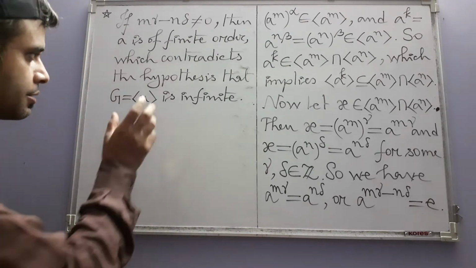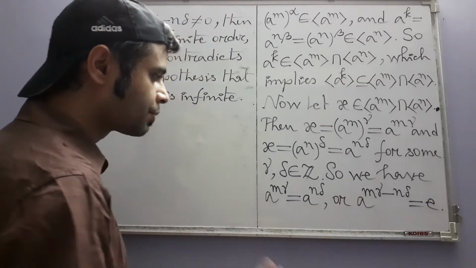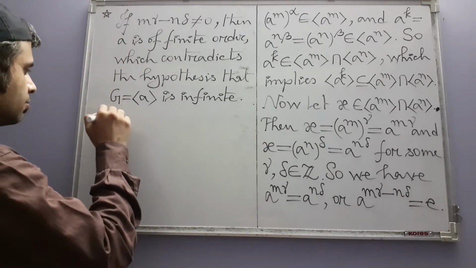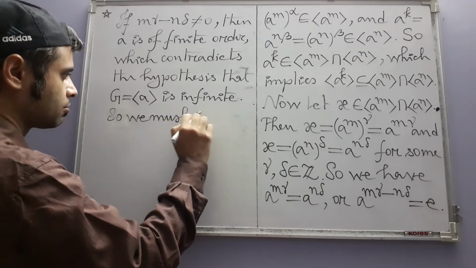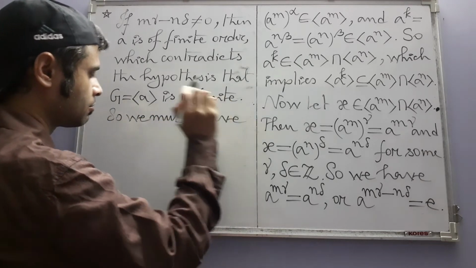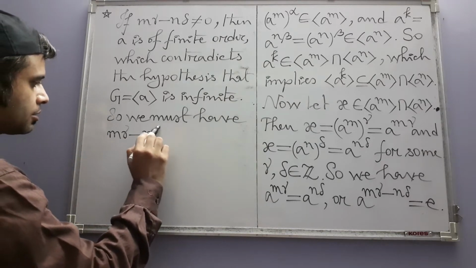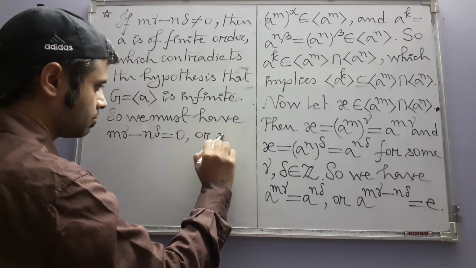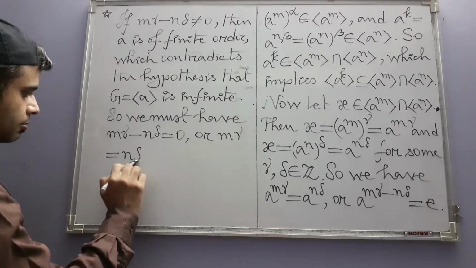So what does this contradiction tell us? It tells us that this cannot be non-zero, it has to be equal to 0. So we must have m gamma minus n delta equal to 0, or m gamma equal to n delta.